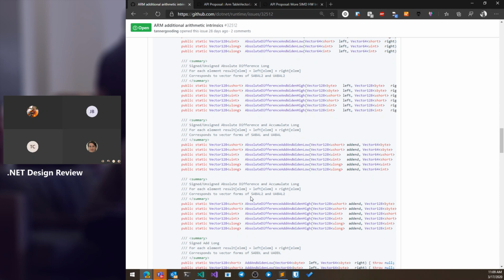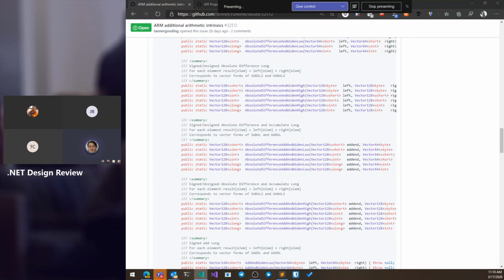Absolute difference. Yeah. So absolute difference add and widen low should probably be absolute difference add and widen lower. And I think we said absolute difference widening and add. Or no, absolute difference widening lower and add. All right, that's the other thing.